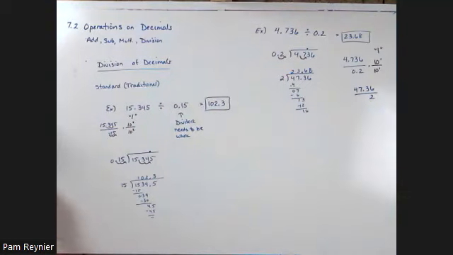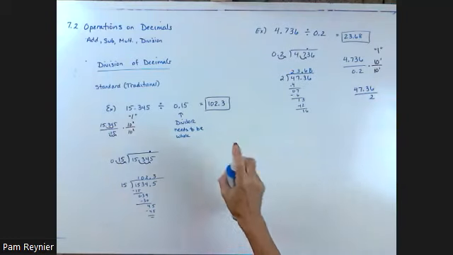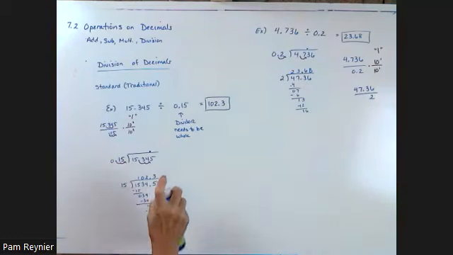All right, so that takes care of the operations: adding, subtracting, multiplying, and dividing. The next thing we want to take a look at is something called scientific notation, using decimals.